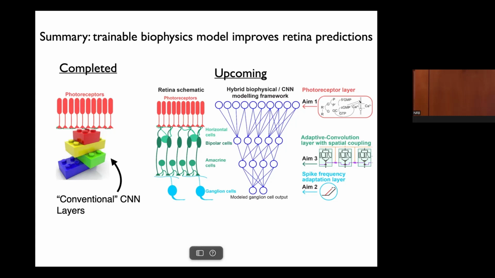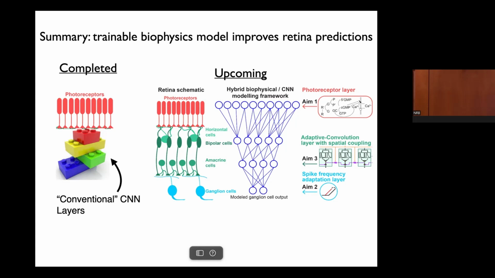Most recently, we've made that from scratch. We've taken a differentiable simulation of the Hodgkin-Huxley equations that we've implemented in the same framework. And then we can stick it onto the back end of our model and train the model to take in movies and predict the actual voltage traces of the ganglion cells.